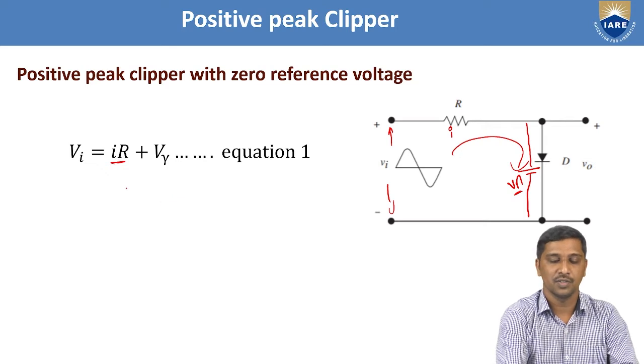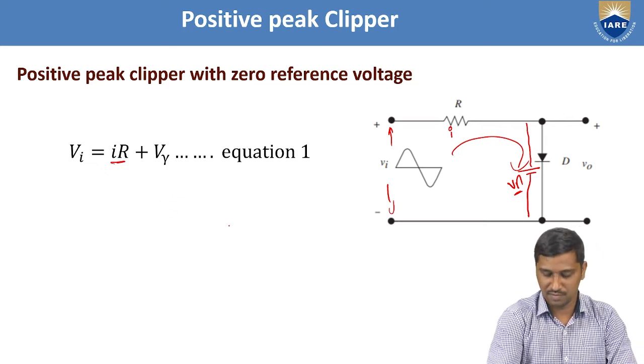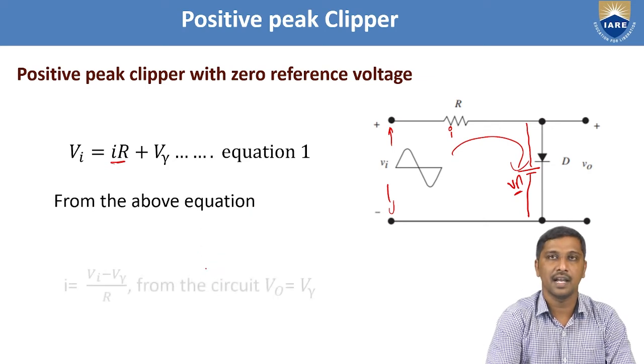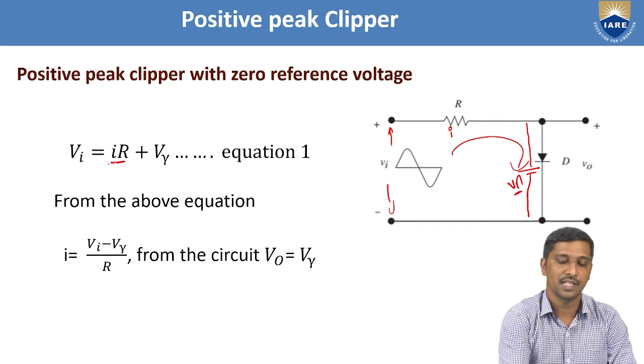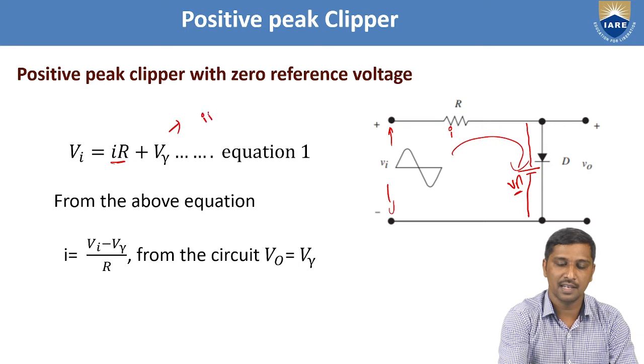From this you should identify the I relation. So what is the I relation from this equation? I is equal to Vi minus V gamma by R. From equation one, you can identify the current relation. Taking I outside, IR is equal to Vi minus V gamma. Hence I is equal to Vi minus V gamma by R.